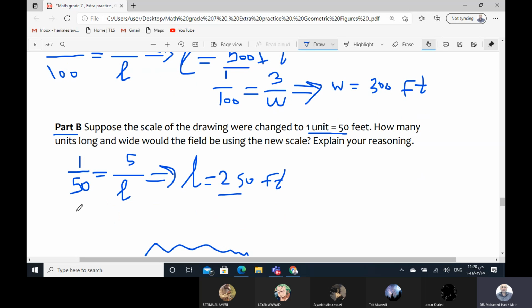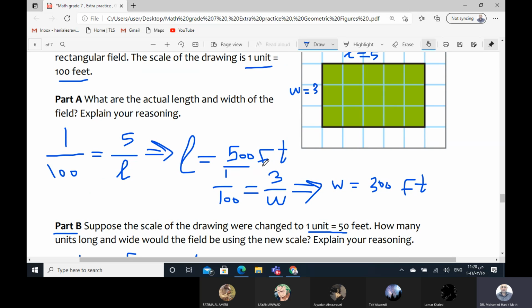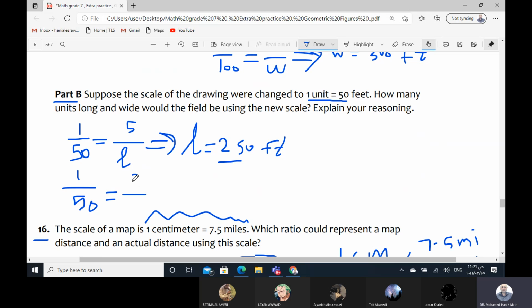And the same idea for the width, 1 over 50 equal the width here 3, so 3 over W. So 1 times W equal 3 times 50 will be 150 feet.